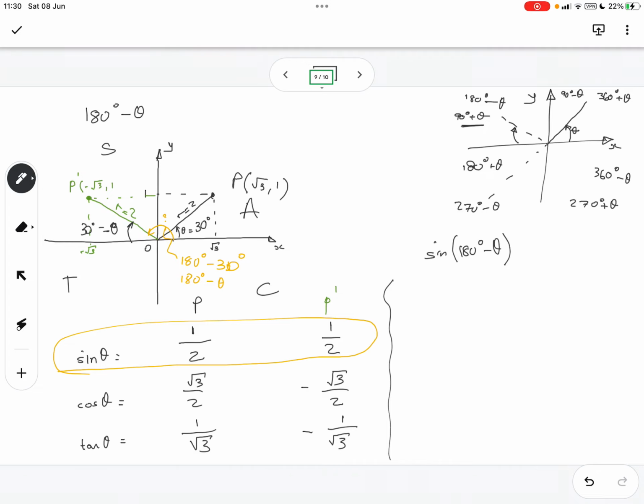We can say if 180 degrees minus 30 is this angle in yellow, if 180 minus theta is that angle there, then the trig ratio is going to be defined as follows.